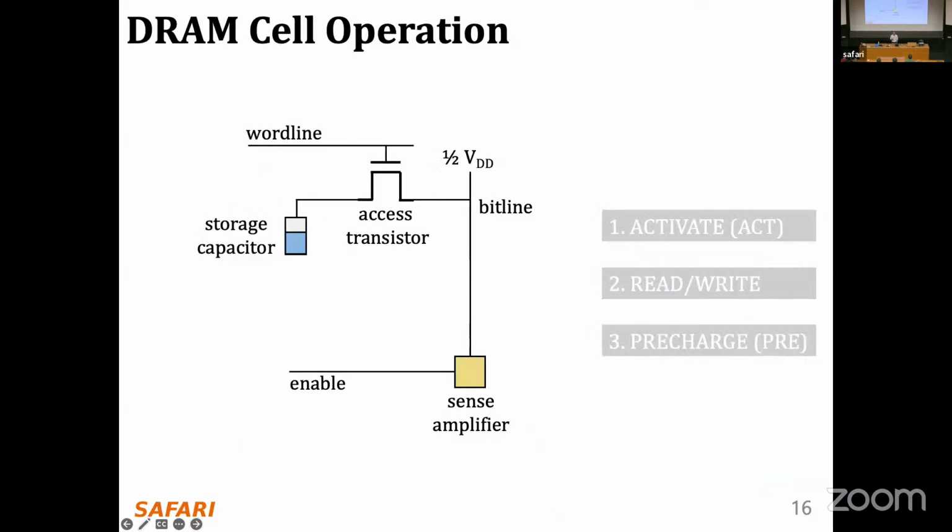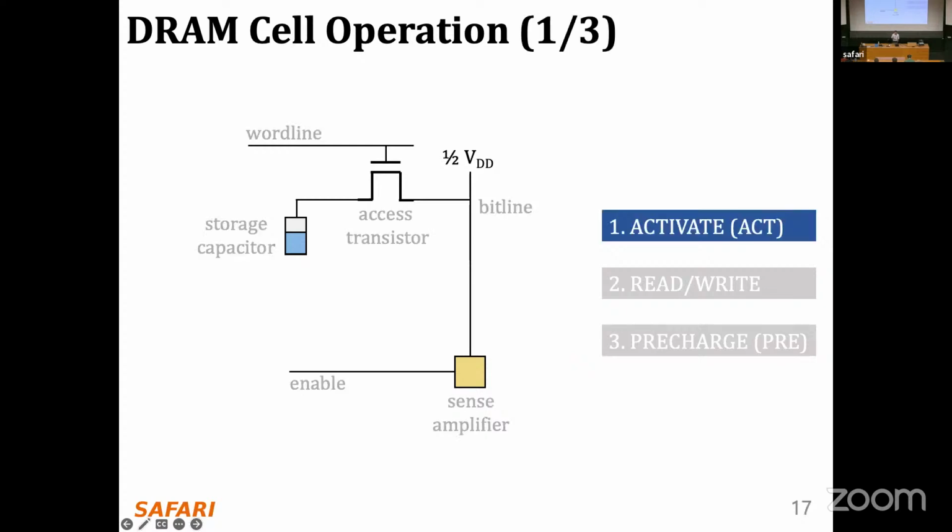In order to access a DRAM cell, the memory controller is going to issue three main operations to the DRAM chip itself: activate, read and write, and pre-charge. Let's see how it works. In the first step, when the memory controller issues the activate command to a particular row, this is going to raise the word line for that row address, which connects the storage capacitor to the bit line.